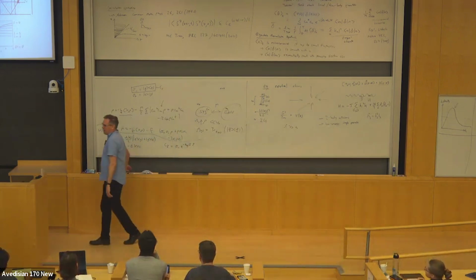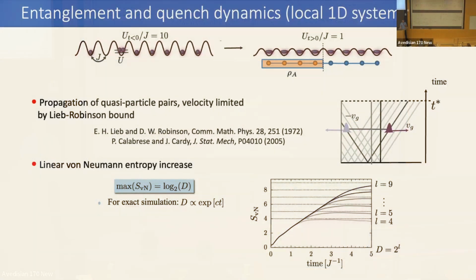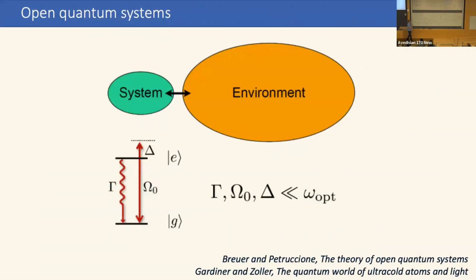Now, of course, we have exactly the same types of things with systems coupled to their environments, and with this type of decay and light scattering when you deal with atoms in optical lattices.